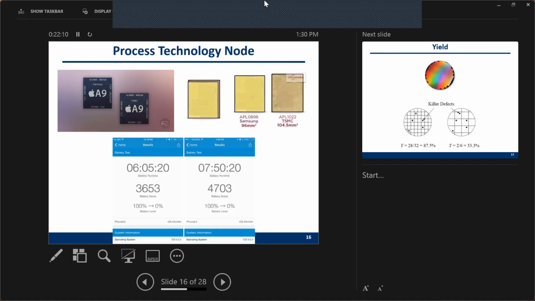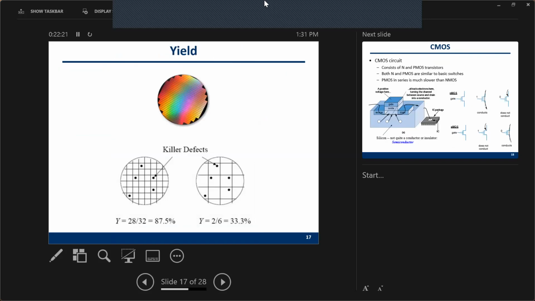So in the previous example, of course we will prefer this design because it has a smaller chip area. Again, you will pay, let's say, $100 for this die anyway. If you have a higher yield, which means you have more good chips which can work properly, then the price of each chip can be reduced.